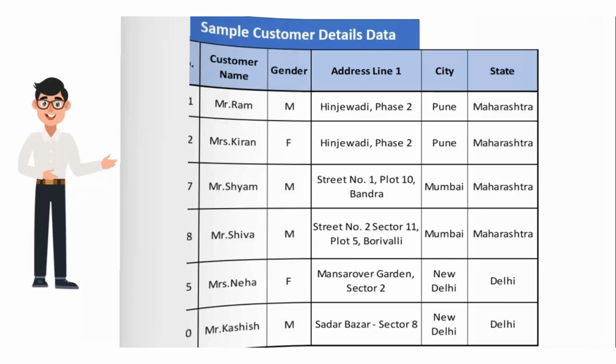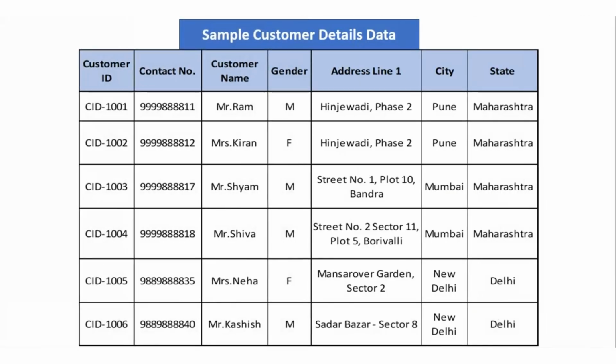Now, coming to the data, we will be using the customer detail data. It contains all the customer details such as name, contact number, address line 1, city, state, etc. Now, let us move to our Excel series workbook and understand the working of these functions in detail.